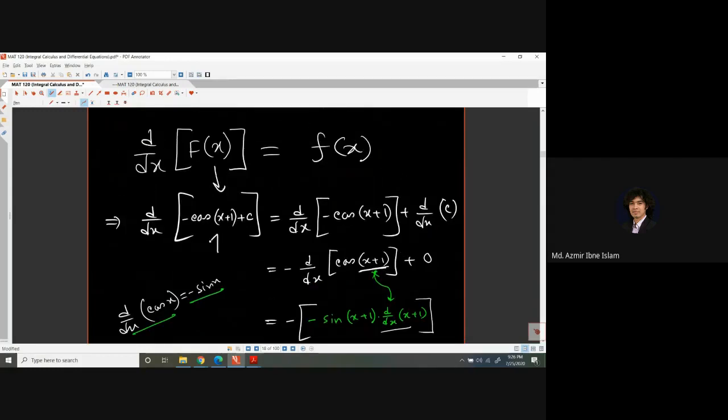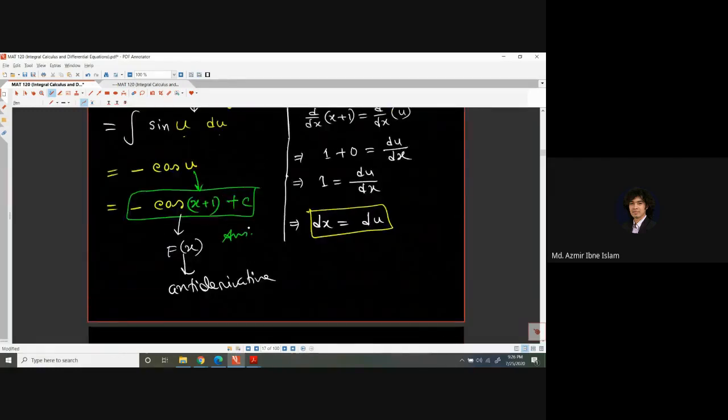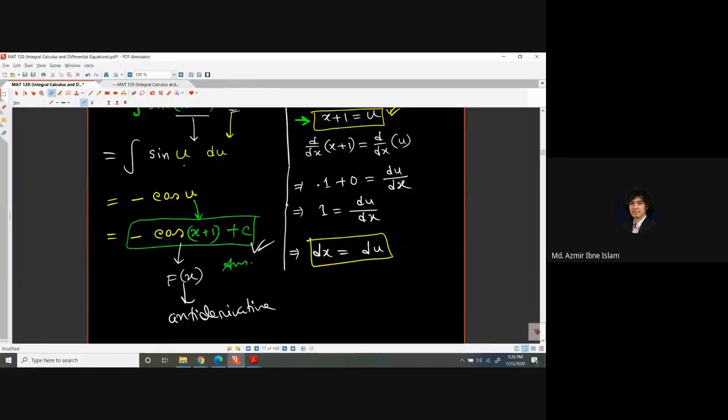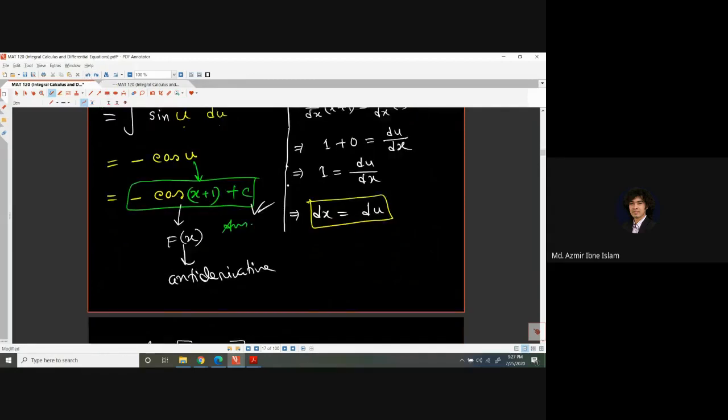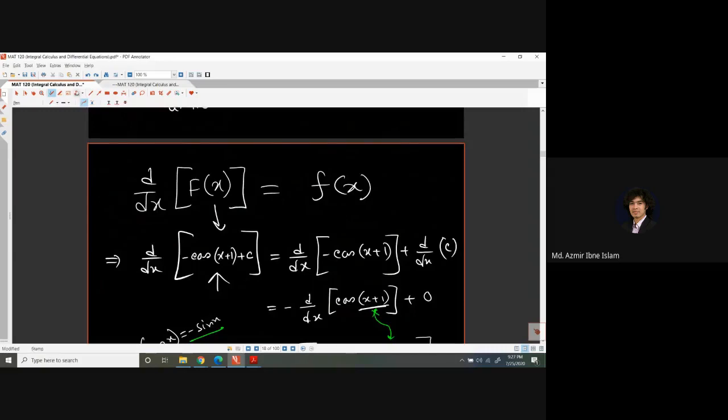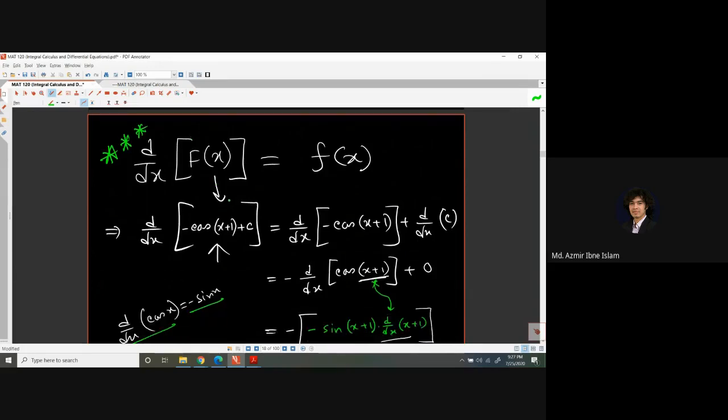We are differentiating the antiderivative, that means the answer of this integral. The answer of this integral is this one. If we differentiate this part, we will get the main function. You don't need to verify this every time, but since I am starting from the very beginning, that's why I have discussed this again. Always this concept will be true for any integral, any indefinite or definite integral.